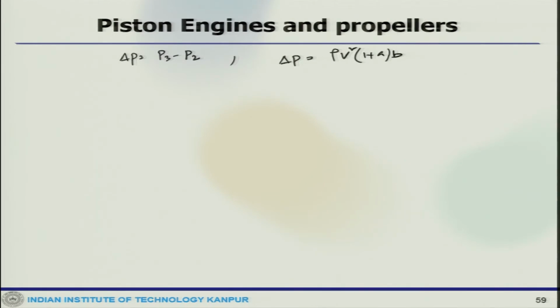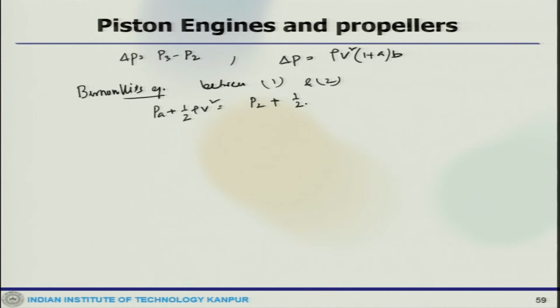Now, we have assumed the flow is incompressible. So, we apply Bernoulli's equation between 1 and 2: P1 plus half rho V square equals P2 plus half rho V square into (1 plus A) square.